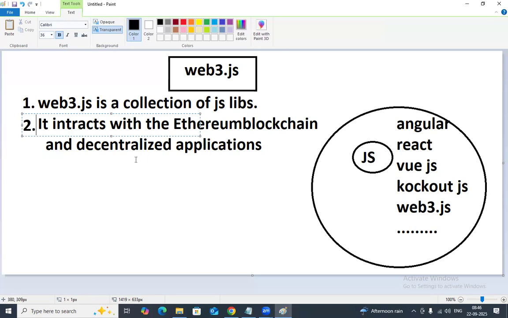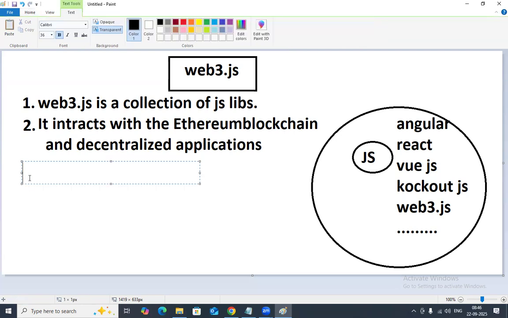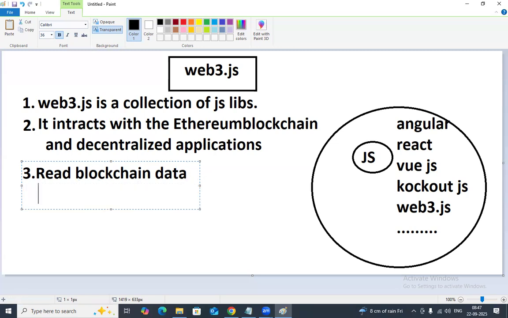Am I clear, guys? One more point I want to write. What is the feature of this? The feature is to read blockchain data. What kind of blockchain data?